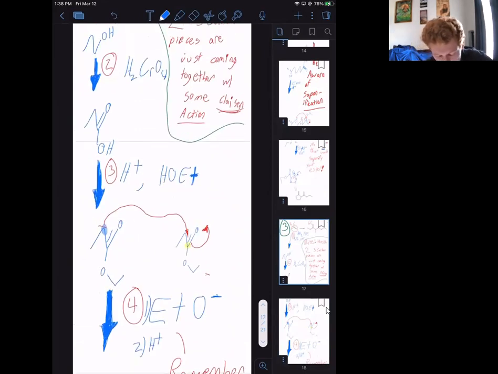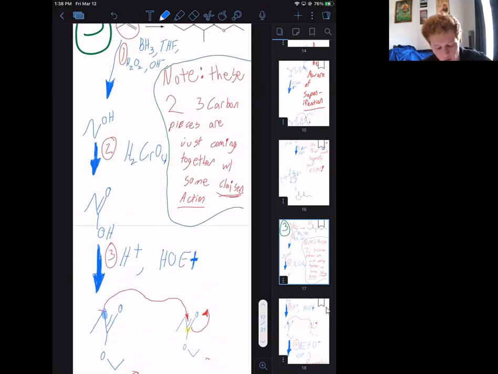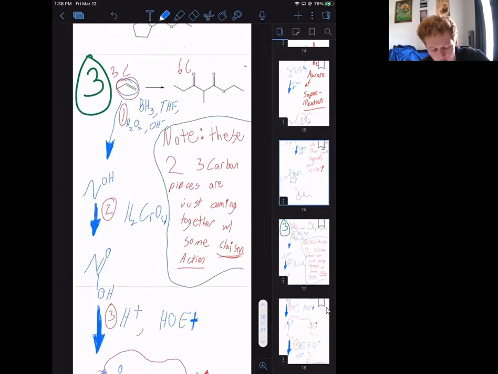And I know that in order to get that ester, I probably needed to be doing reverse esterification. So I'm probably going to need a carboxylic acid. And in order to get the carboxylic acid out of this specific reagent, you're going to need to make sure that you have a primary alcohol, because if you have a secondary alcohol, you're going to go to a ketone.